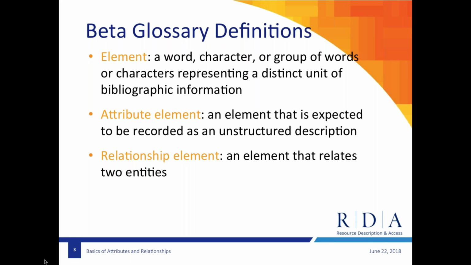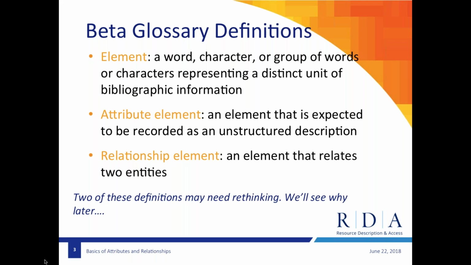Here's a definition for the other type of element, a relationship element: an element that relates to entities. These are the definitions that we have right now, but perhaps we want to keep thinking a little bit more about these while the toolkit is a work in progress. And we'll talk more about whether we think these are good definitions or not for all of these.